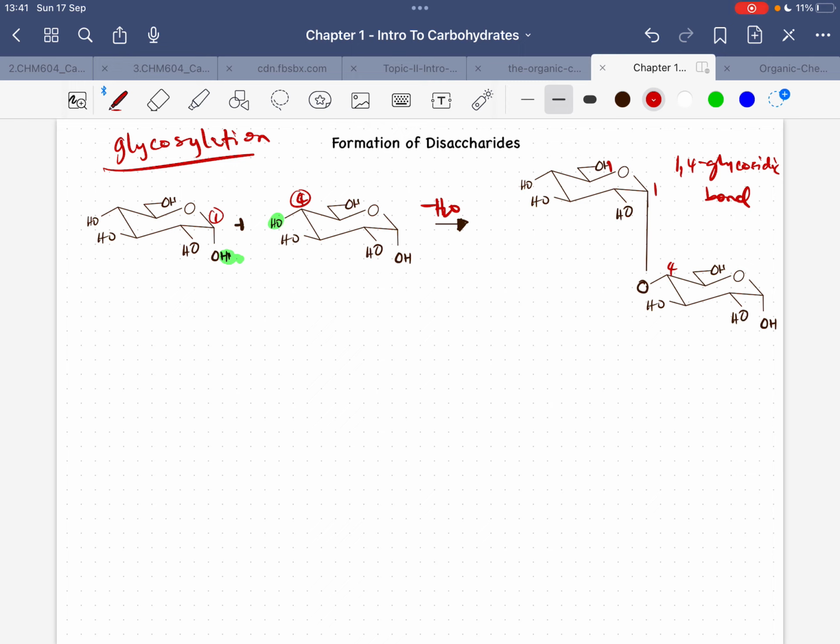Okay, but this happens only in the biological world because we have enzymes, right? It needs to be very accurate when synthesizing these disaccharides. Even though there are many nucleophilic sites, which would interrupt the reaction, the enzymes prevent it.